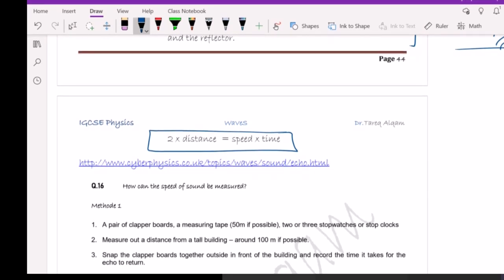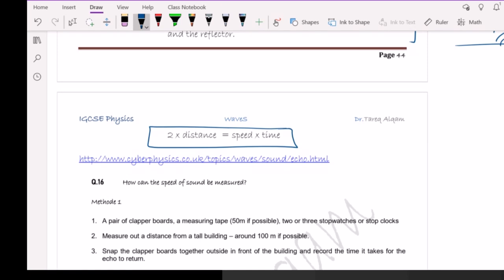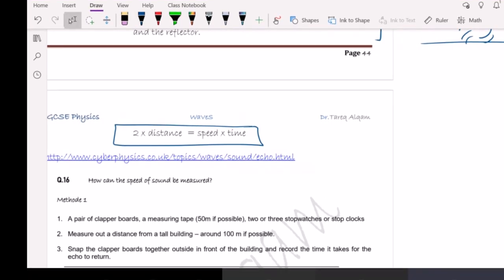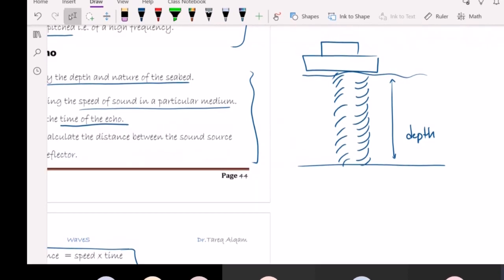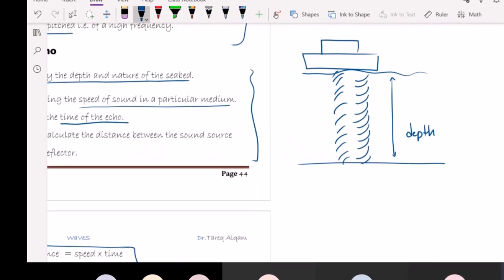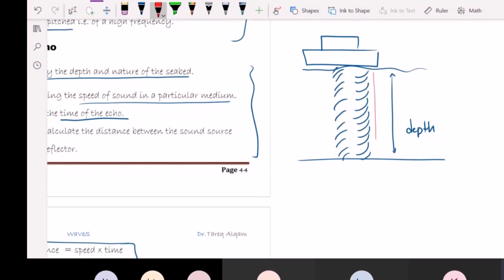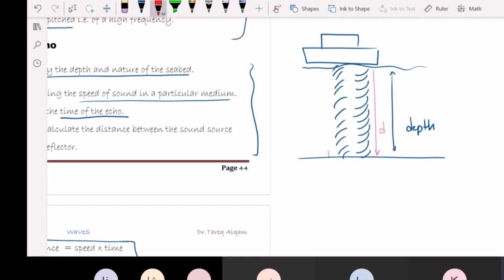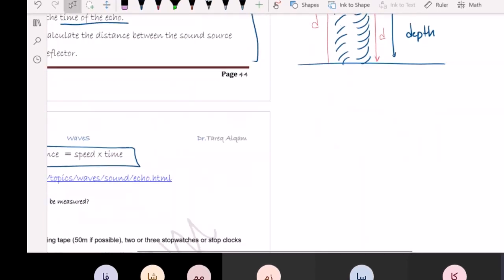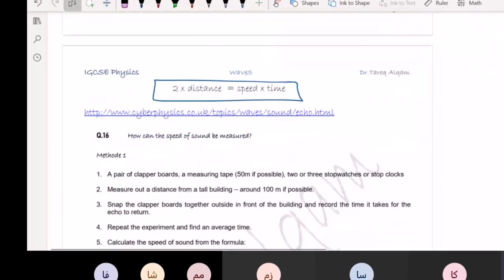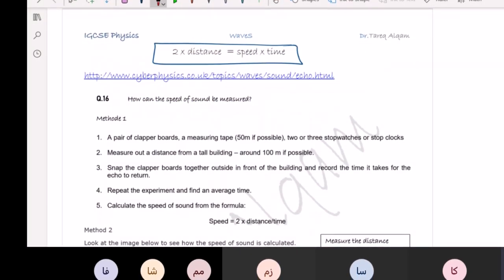You know why I multiplied by 2? Because the length of the path of the waves, this is d, right? And when it returns back again, it's d. So the total distance is 2d, which is equivalent to speed times time.